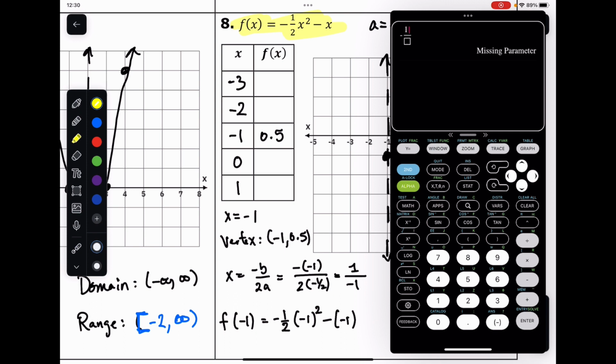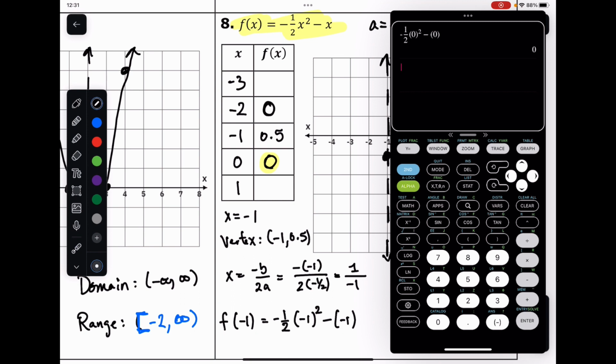So 1 divided by 2 times the value of x, which is going to be 0 to the second power, minus, again, 0. And that's going to equal 0. And in order to preserve symmetry, that means that this value also has to be 0.